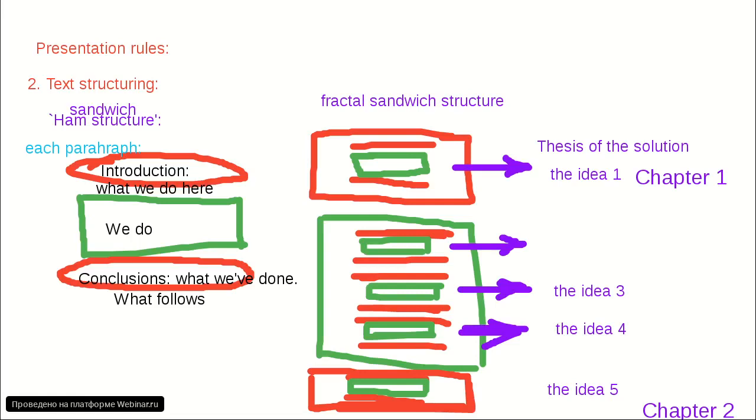As I hope you remember, each task consists of 10 problems, and the first 6 problems are the basic part, and the second and third parts we call the Olympiad part.